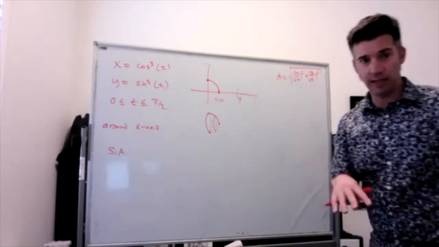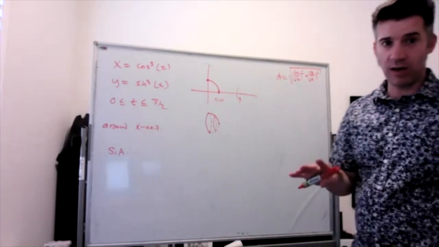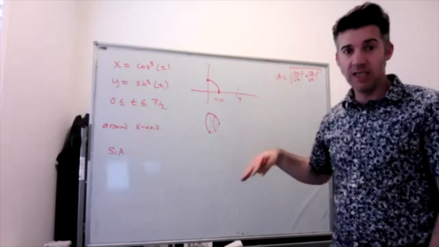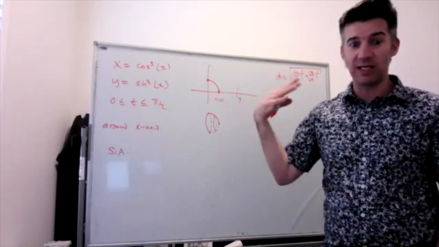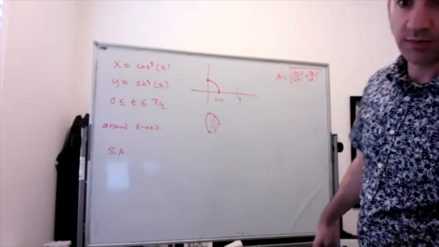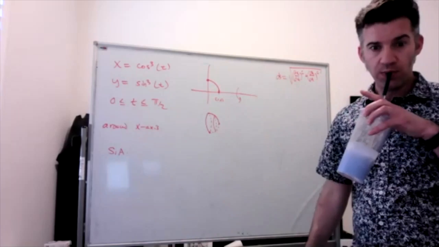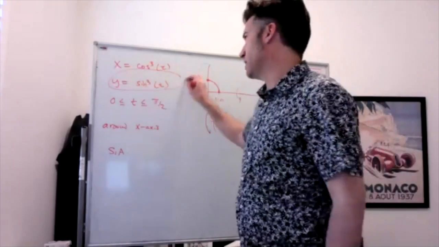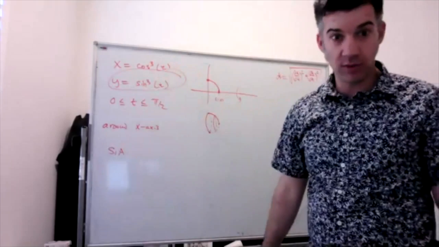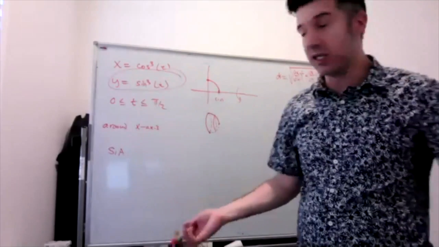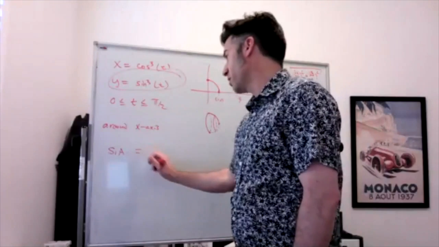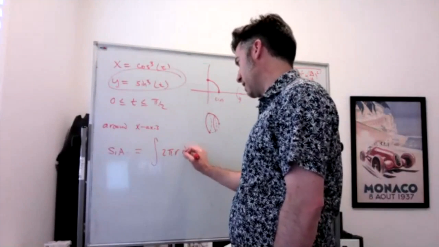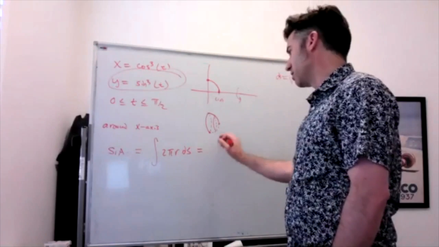Let me ask you guys, for this problem, going around the x-axis, is my radius x or is my radius y? Perfect. My radius is sine cubed of t. My radius is y, but it's always going to be in terms of t.